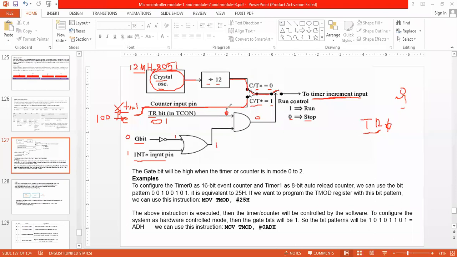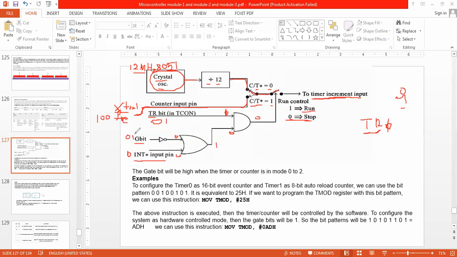So if it is 1, I start the timer, then it runs. The timer will run now. If I am using this as 1, then this will be 0, right? And I am not bothering about INT. This bit will be 0, and if it is 0, then this is going to be 0. Then again the timer will stop.